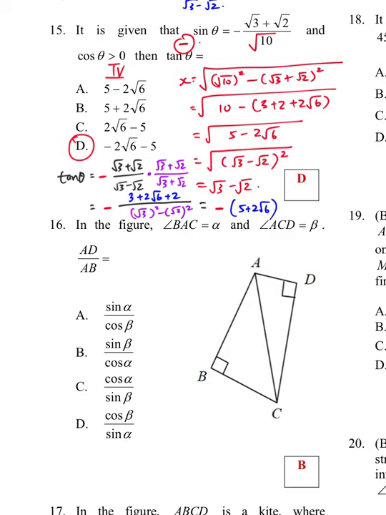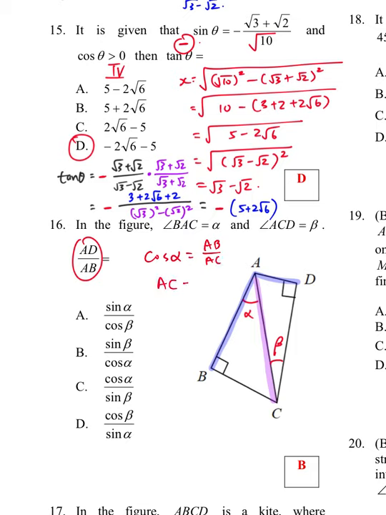Question 16 is a very standard type of question that you must understand in order to achieve in your public exam. It always occurs in paper 2. So we try to link up AD and AB. So AD is right here, AB is right here, and therefore the connection between them must be AC. And therefore you will write cosine alpha equals AB over AC.